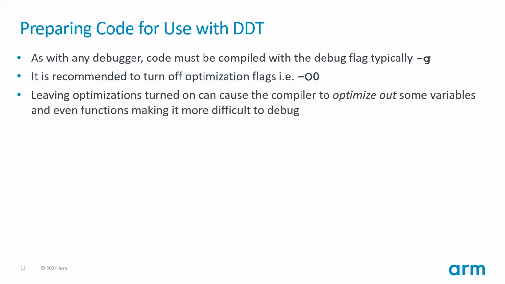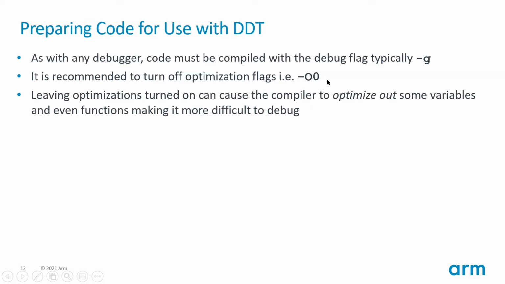Okay, so that's all fairly good and well. If you have a code and you want to run it with our debugger DDT, you really do want to enable the debug flags and add the debug symbols into your code by compiling with -g. We also recommend that you turn off optimizations.